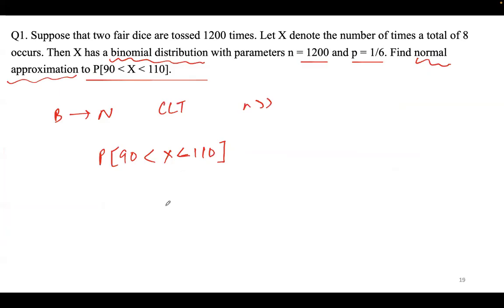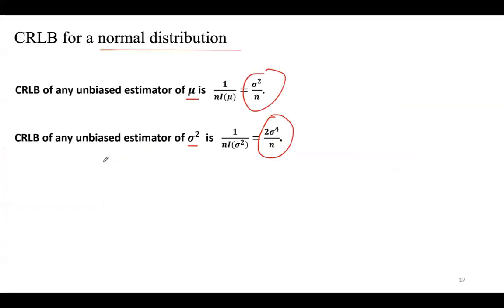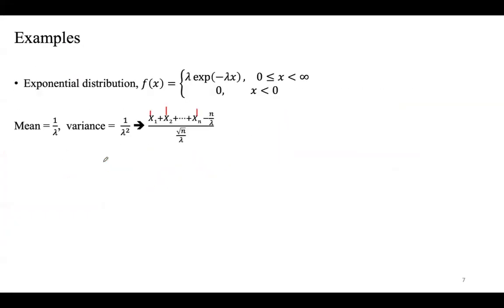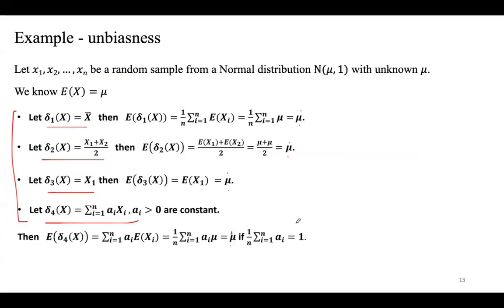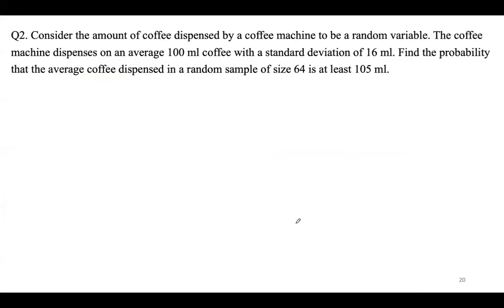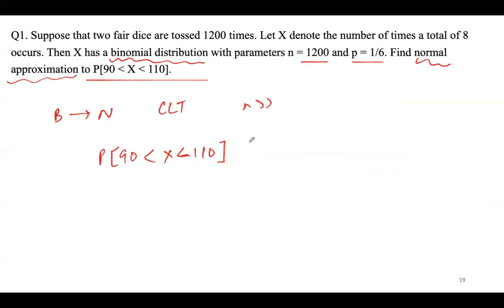Let me show the formula that we're going to use. You take the average, subtract mu, and divide by sigma by root n. So we are going to subtract mu.